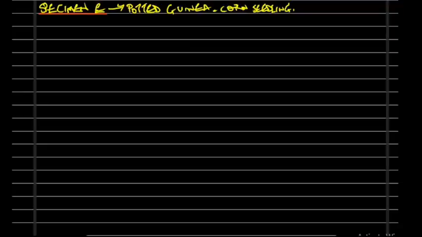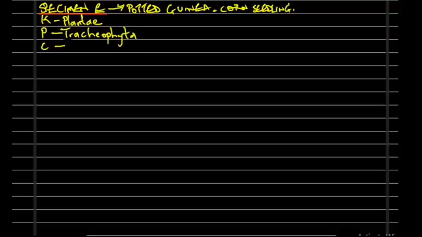Now, talking about the classification, let's start with the kingdom. The kingdom, we have it to be Plantae as usual. The phylum is Tracheophyta. Then we have the class, which is Angiospermae. The order is Poales.